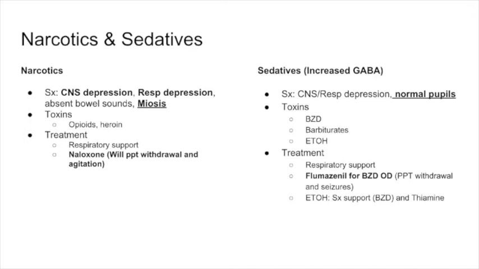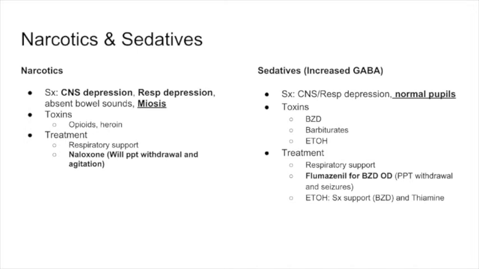The classic example of a test question: EMS brings a patient who's altered, respiratory rate is 6, and you check their pupils and they're constricted. What is the patient overdosed on? Or what is the treatment?